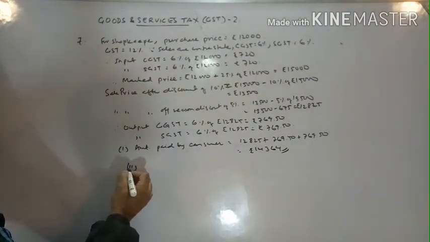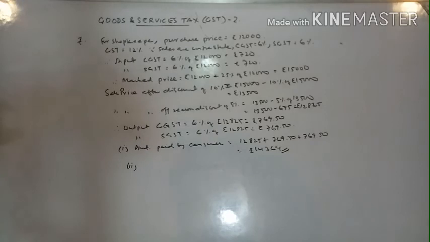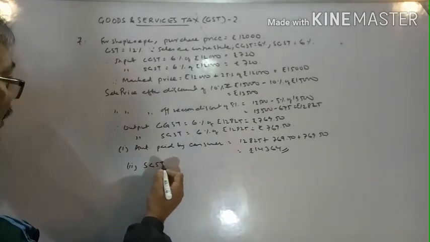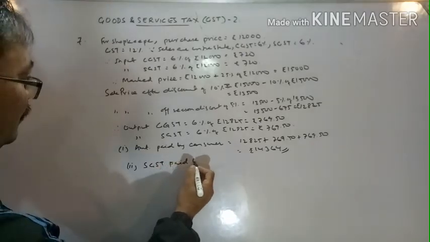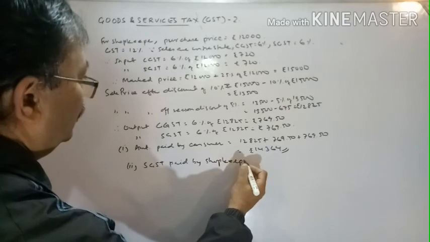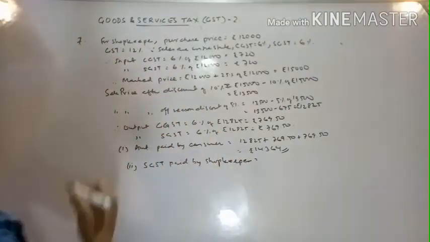Now question number 2, it says the amount of tax paid by the shopkeeper to the state government. So SGST paid by the shopkeeper. This is output minus input.